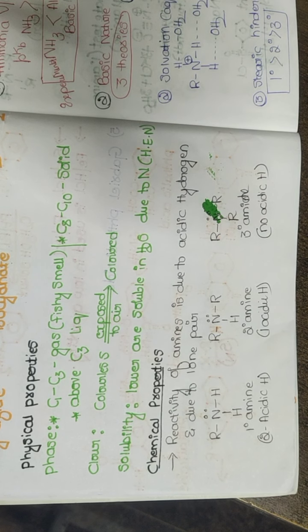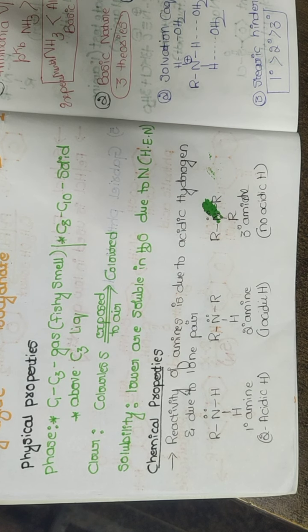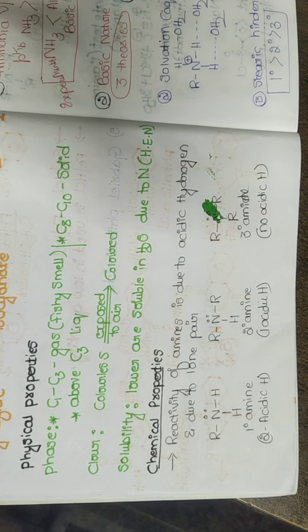Then followed by color. They are all colorless in nature, but do remember, when these amines are exposed to atmospheric air, they form a color. Then followed by that, solubility. All lower forms are highly soluble in water, whereas the higher forms are insoluble in water. Why is this?